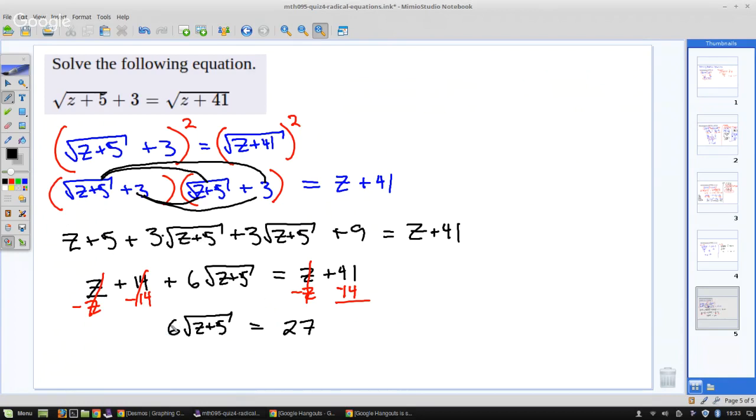Next step would be to get rid of the 6. It's connected by multiplication. So that means we'll have to divide both sides by 6. So 6 divided by 6 is 1. 1 times the square root is the square root. So I have the square root of z plus 5.